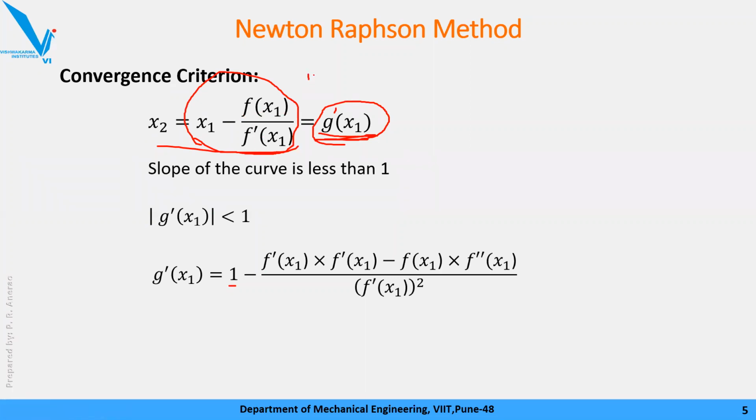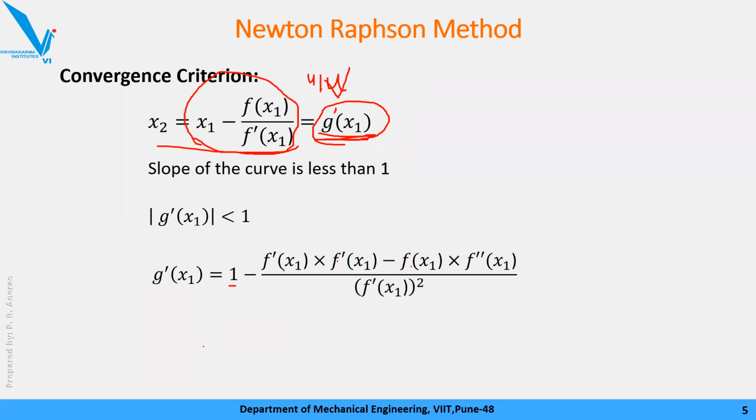So this becomes your u divided by v form, sorry, u divided by v form. So we will do the differentiation. First v constant, differentiation of u, so u is f of x1, it becomes f dash of x1, minus, now u constant, derivative of f dash of x1, f double dash of x1, divided by the denominator squared, f dash of x1 squared.